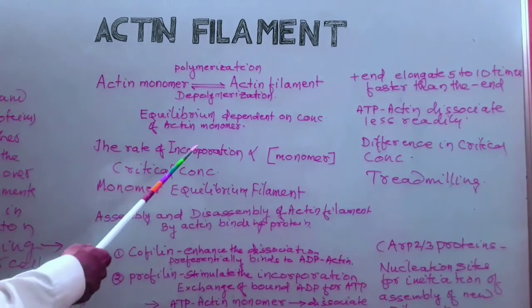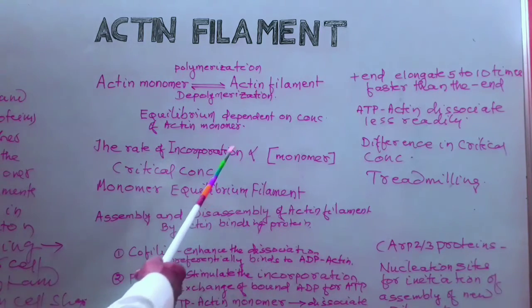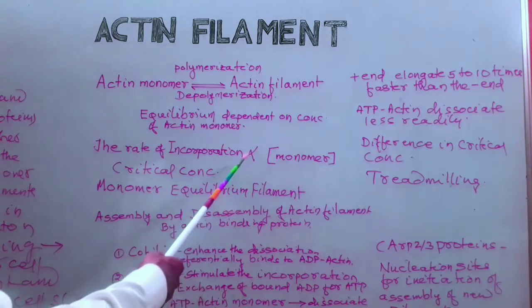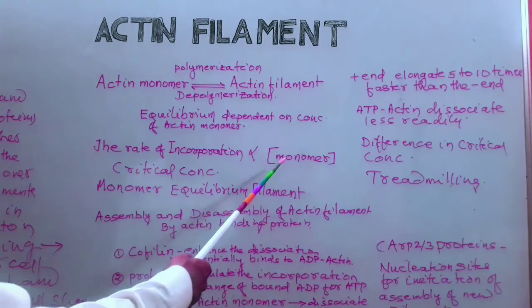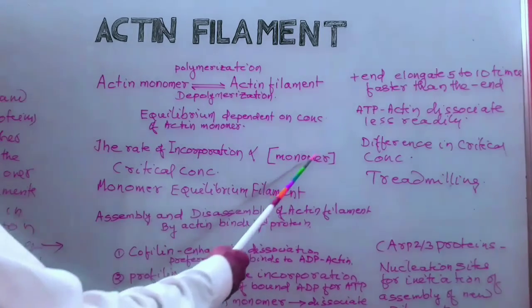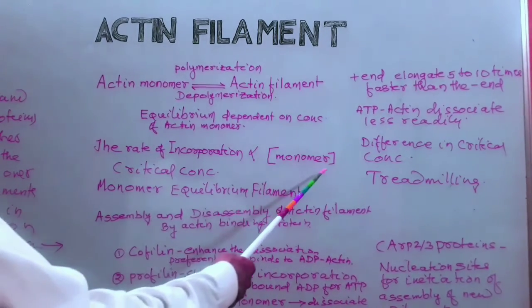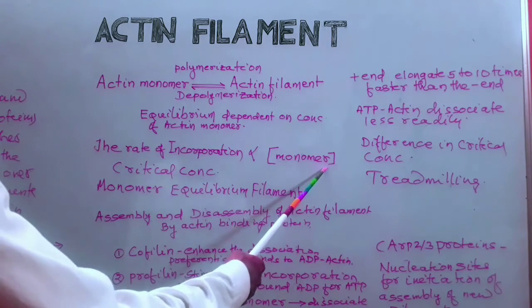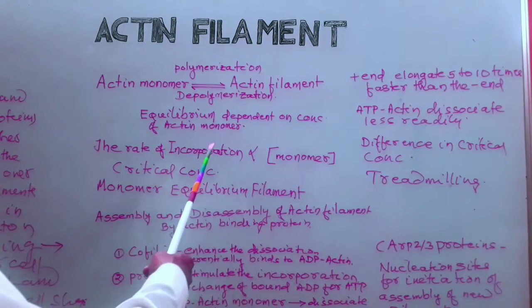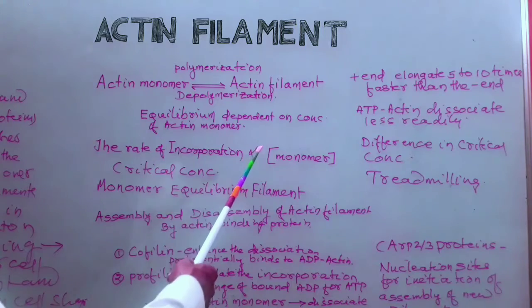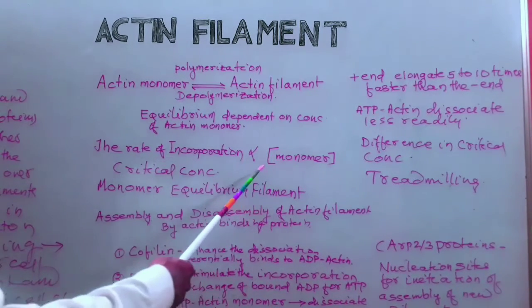The rate of incorporation of actin monomer into the filament is proportional to the concentration of the monomer. Greater the concentration of the monomer, greater will be the rate of incorporation into the actin filament.